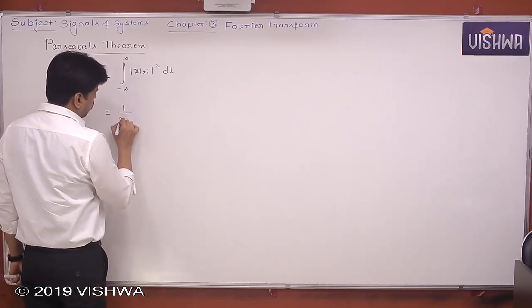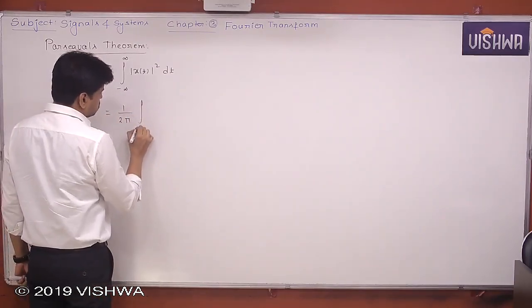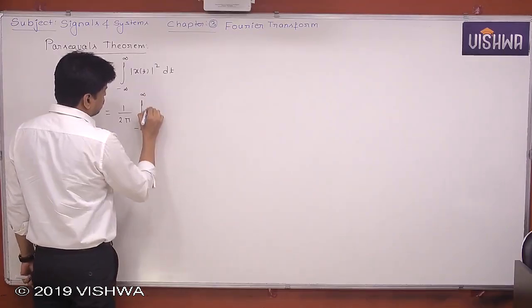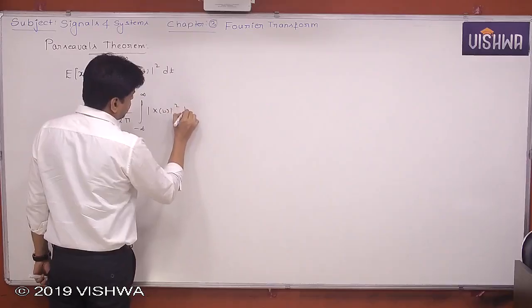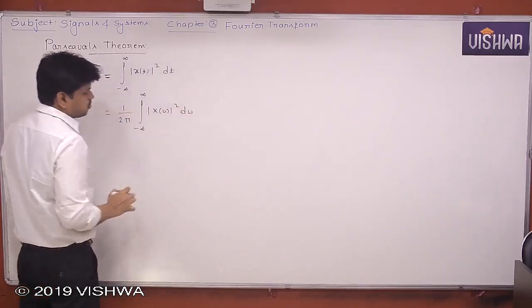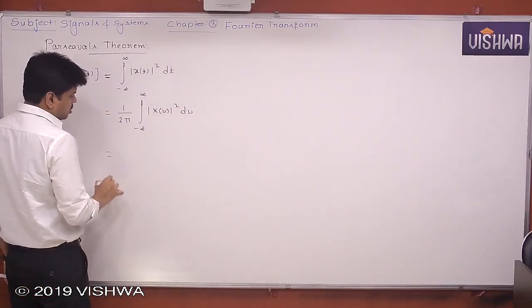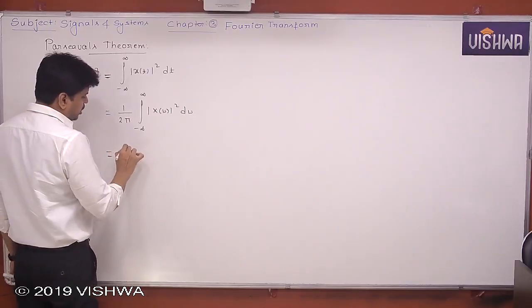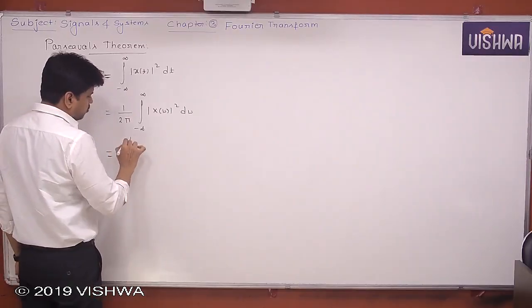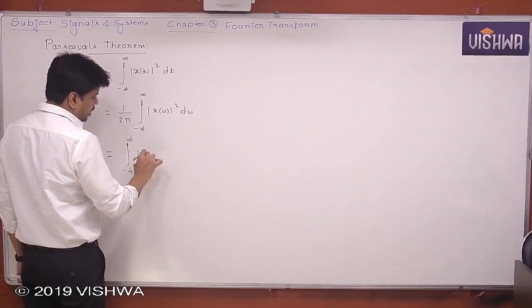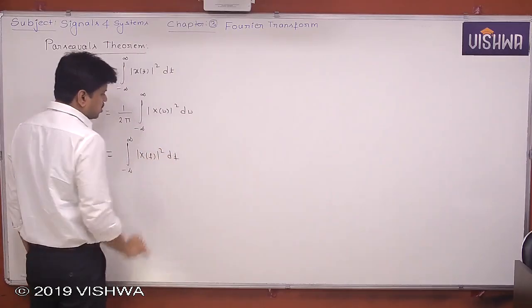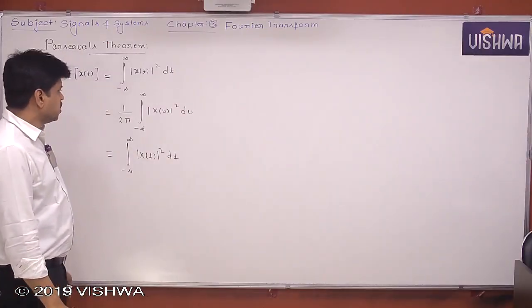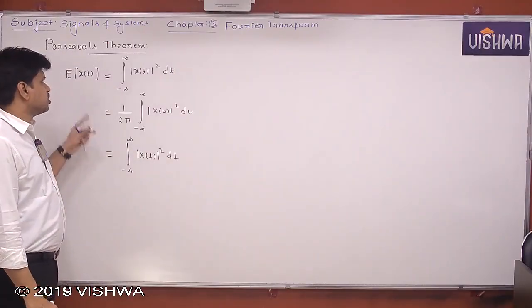It is 1 by 2 pi integral minus infinity to infinity mod x of omega square d omega. Next, the same formula can be written as integral minus infinity to infinity mod x of f whole square df. This is also one way to say it. So these are the formulas you have to remember in Parseval's theorem.